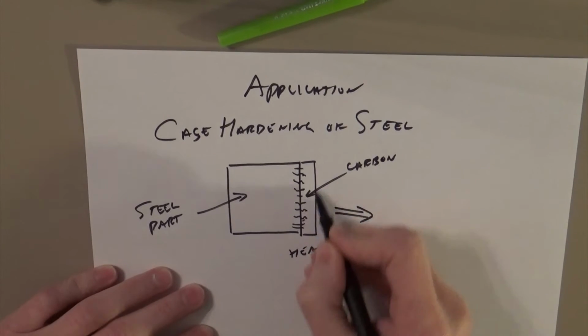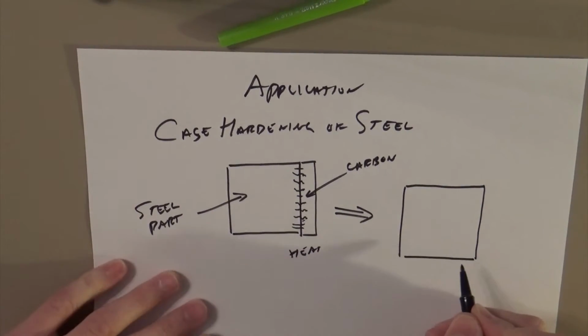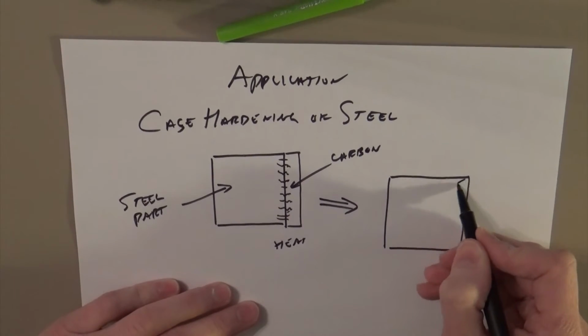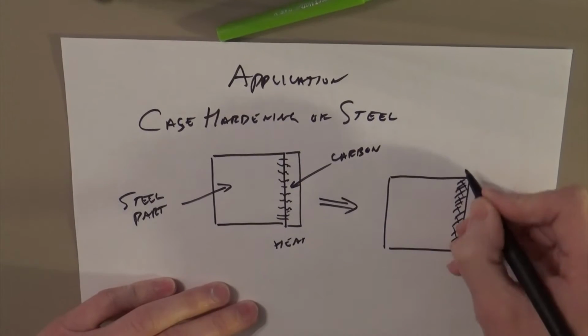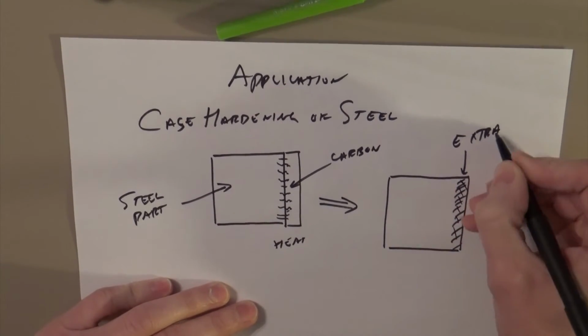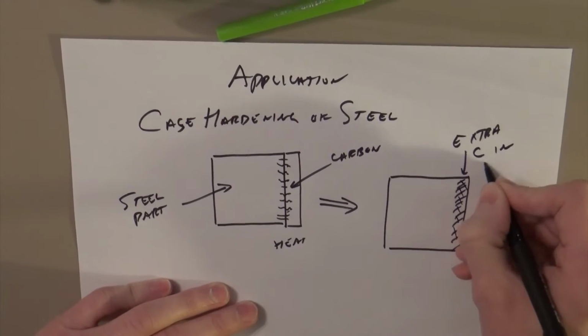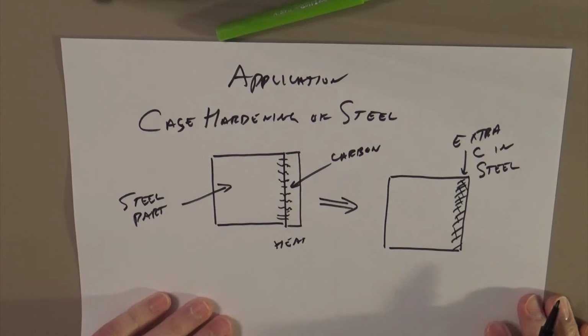And then we'd take the carbon off, and what we'd have is a part, and the surface is going to have extra carbon, and that's going to make it especially hard.